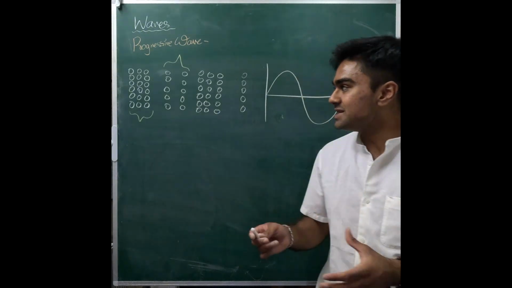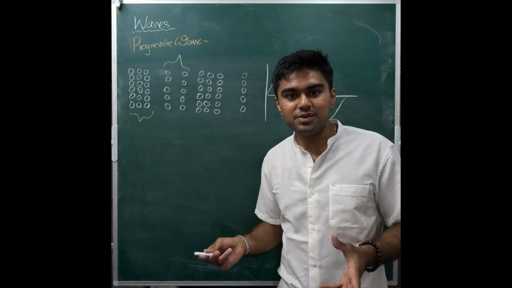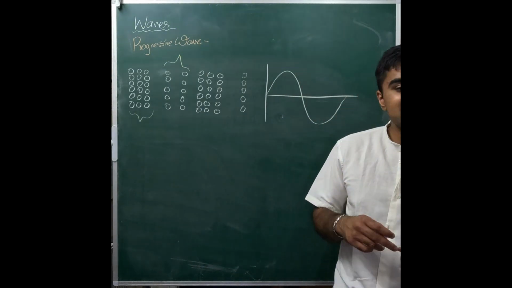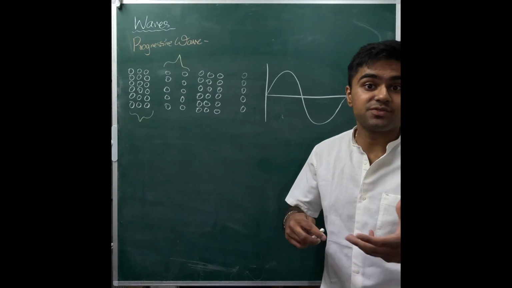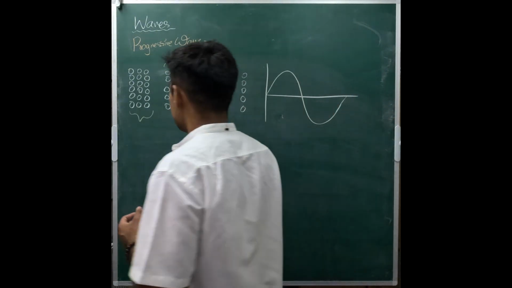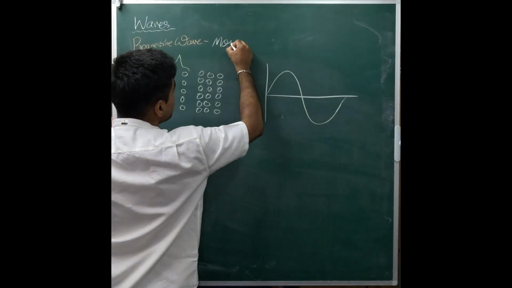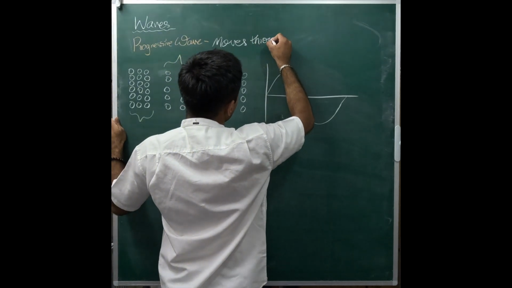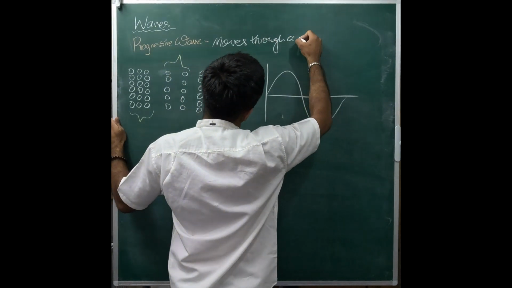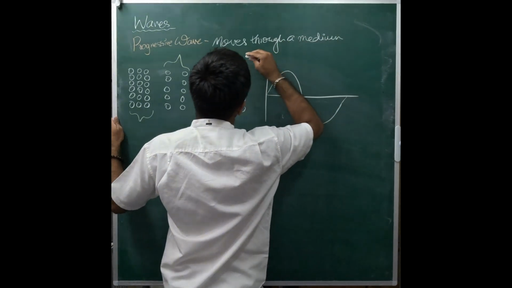So the first thing in waves is a progressive wave. What exactly is a progressive wave? Well, a progressive wave is simply any sort of wave which moves through a medium and ends up transferring energy. So a progressive wave is a wave that moves through a medium and transfers energy.